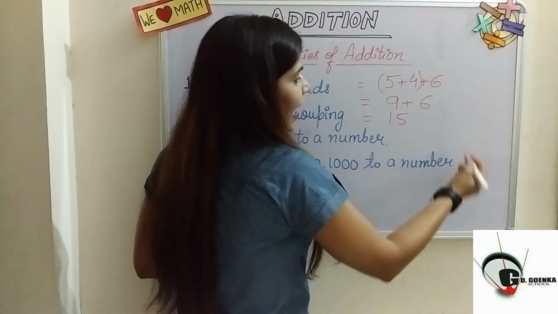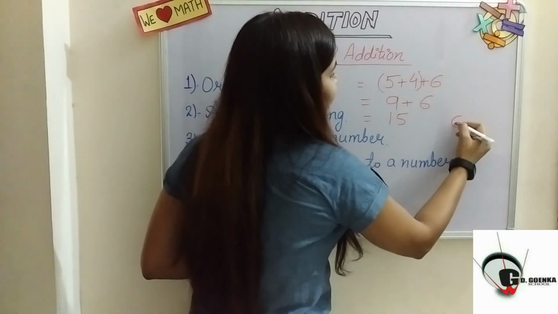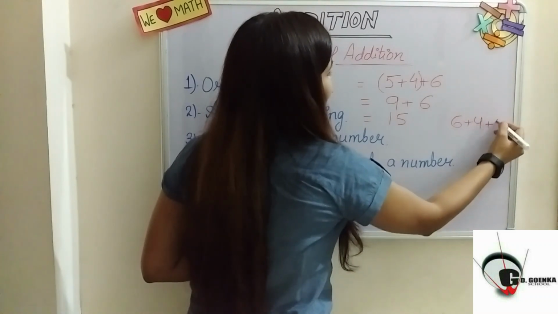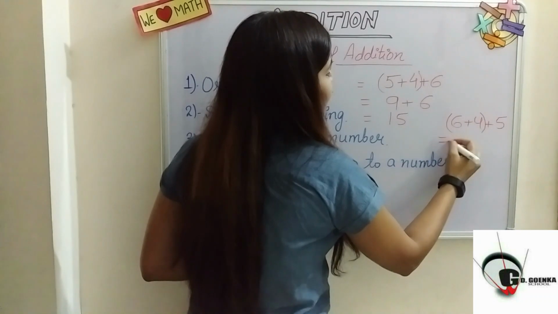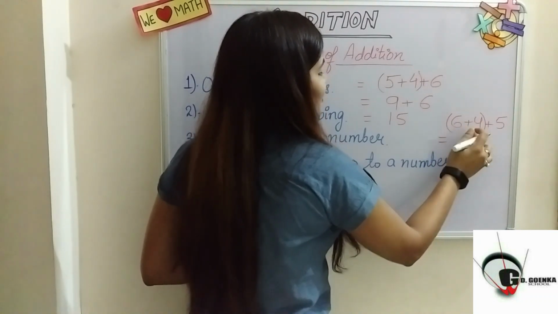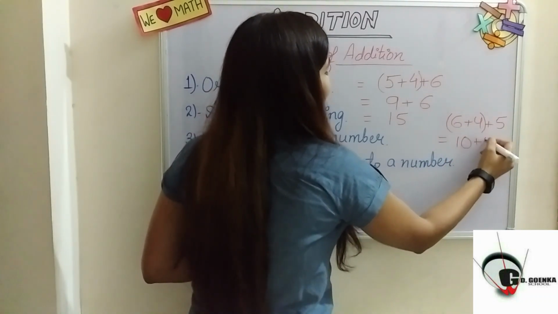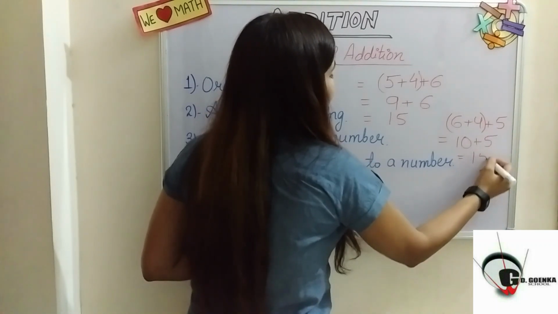And on the other hand, if I add 6 plus 4 plus 5 and I make the group of 6 and 4 together, first we add 6 plus 4, that is 10, and then 5, that is equal to 15.